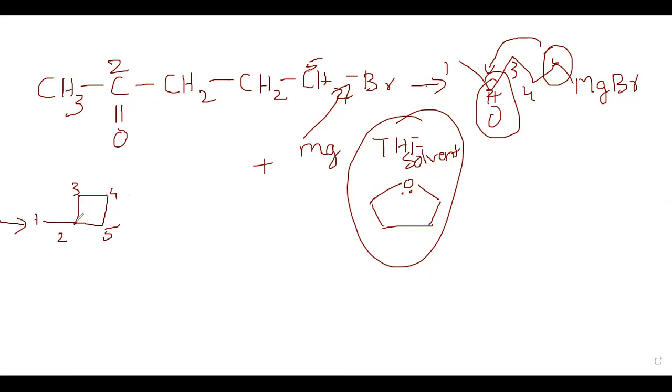You will be getting OH here, isn't it? Carbon addition has already happened on the second carbon atom, and OH is here. So this is the way this reaction will proceed. And here is the answer.